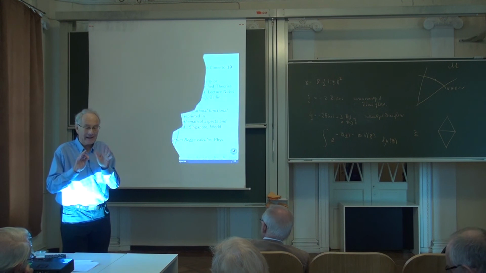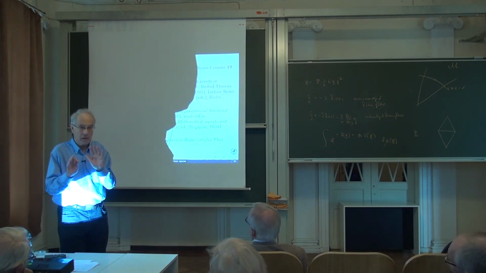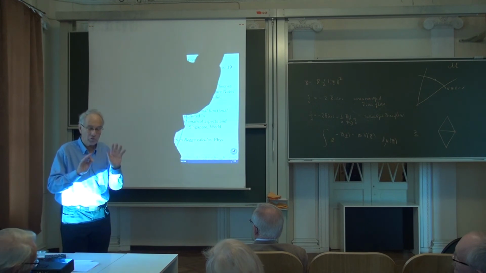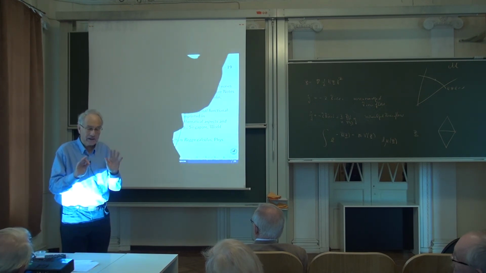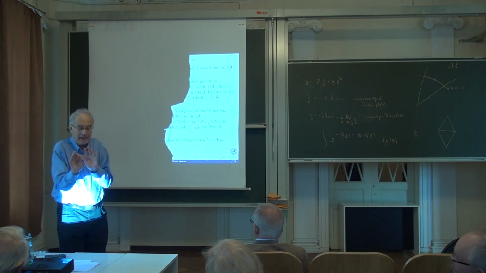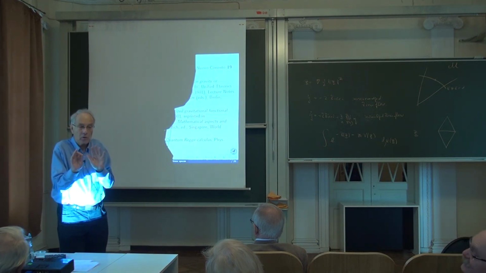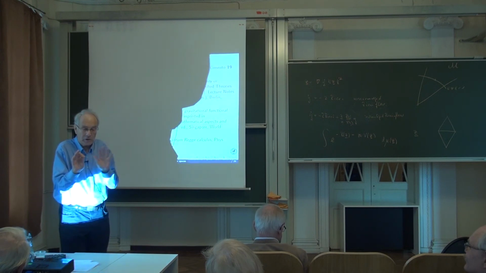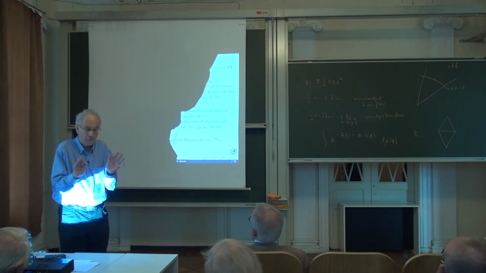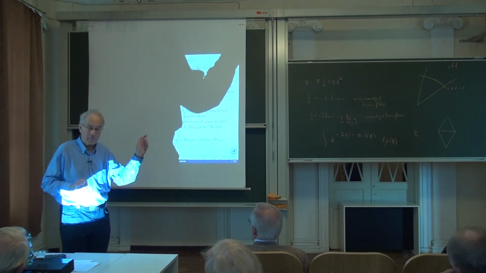What Osterwalder and I did is, you work in the Euclidean setting. Reflection positivity is a property that, if it holds, helps you do what people call Wick rotation. So that's why we are doing this.